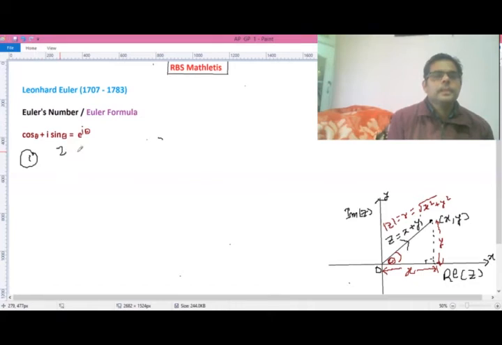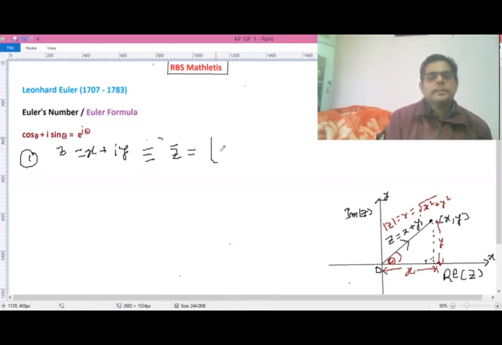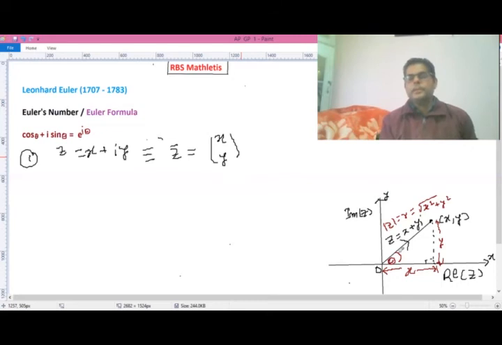And here you can see that for the complex number, say the complex number is g, if you say g equals x plus iy, that means g can be taken as the vector with x component as x and the y component as y, and this can be represented on a graph, that is also called the Argand diagram. We'll see the detail of that also in another class.